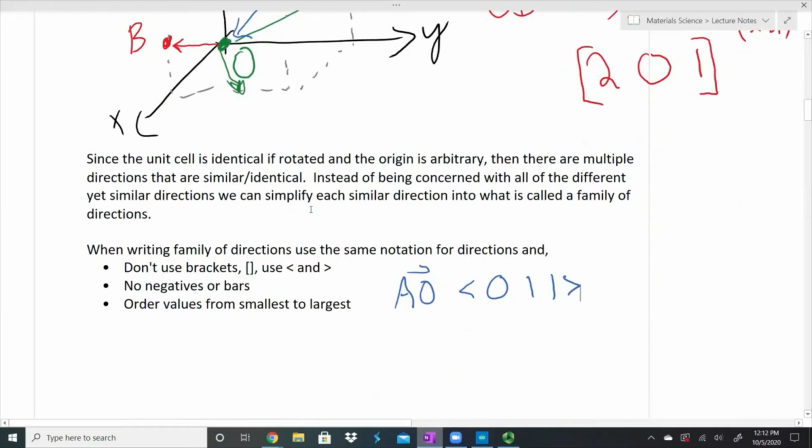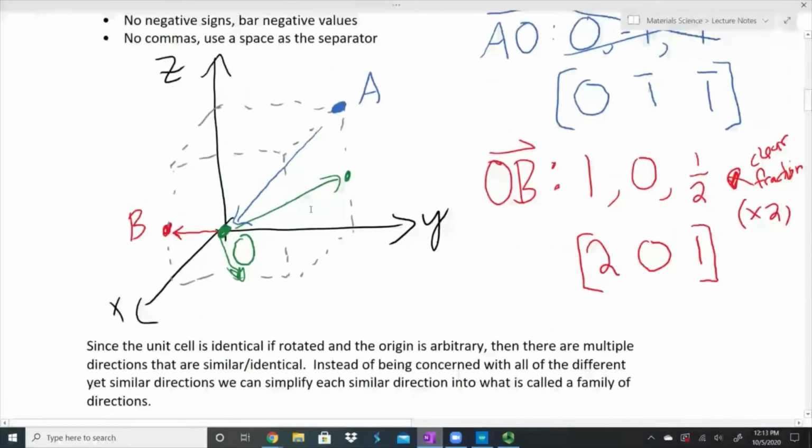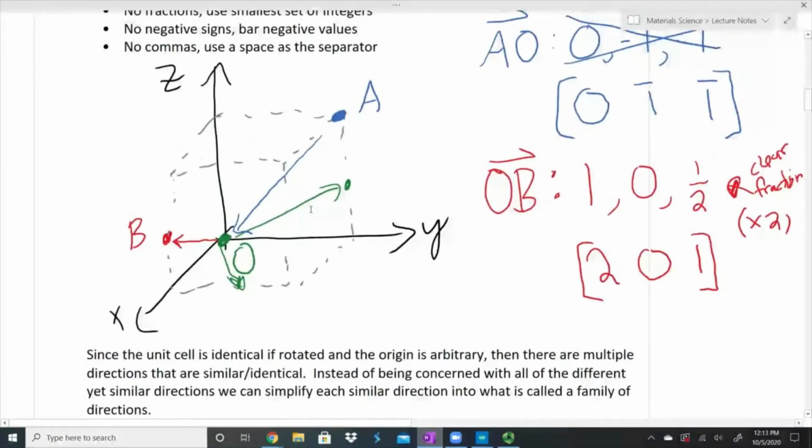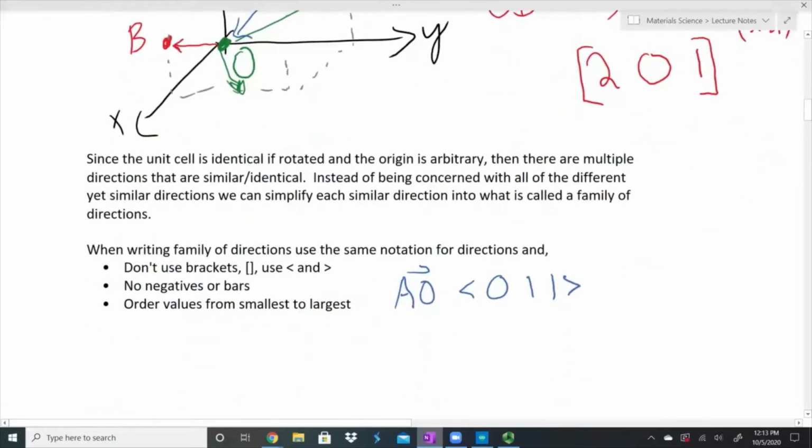This 0, 1, 1 direction, really what it comes down to, is a face diagonal. Think of this as a cube. Maybe if you had dice or something, I would draw a line from one corner to the other corner on a face, and every single one of those would be a 0, 1, 1 direction.